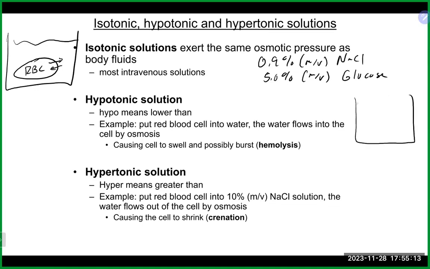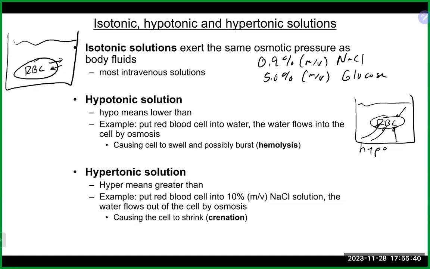And because of that, if we take our red blood cell as our example here, and we have our hypotonic solution, that means in this particular case, outside of the red blood cell is actually less concentrated than inside the red blood cell. So the process of osmosis will begin, and basically the water outside of the cell is going to rush into the cell in an effort to dilute it down.